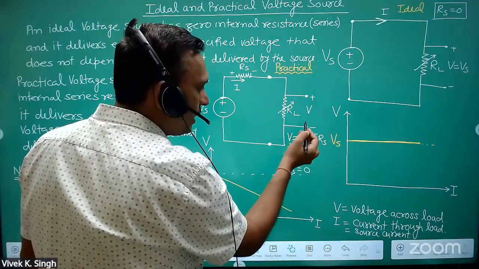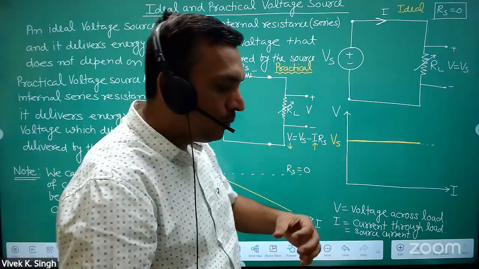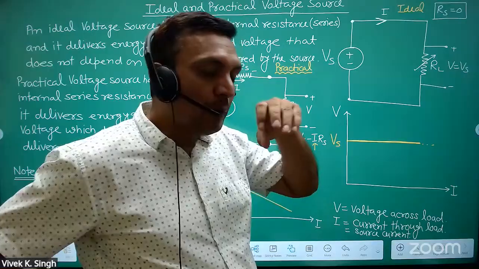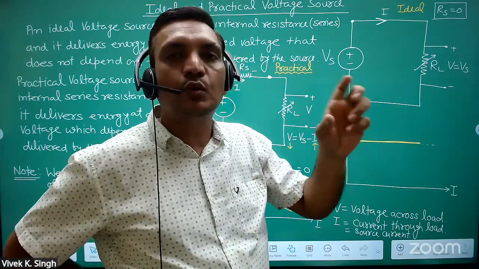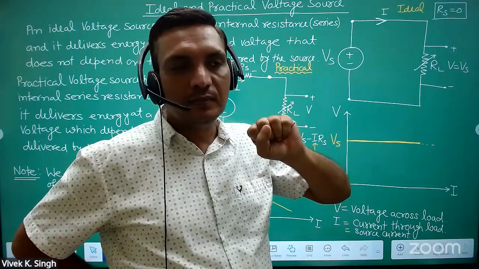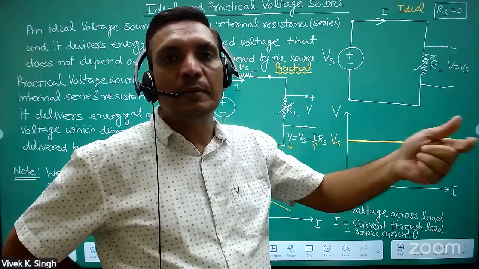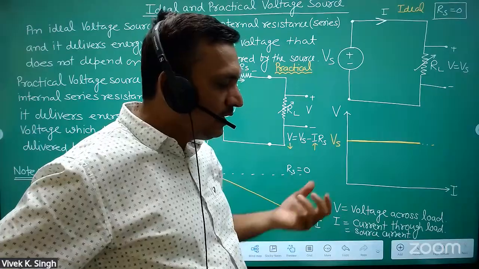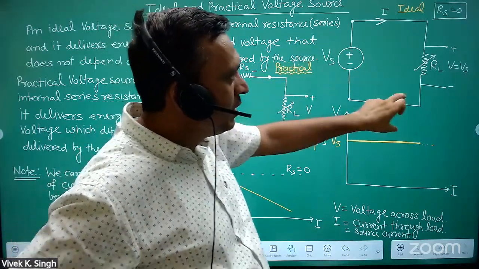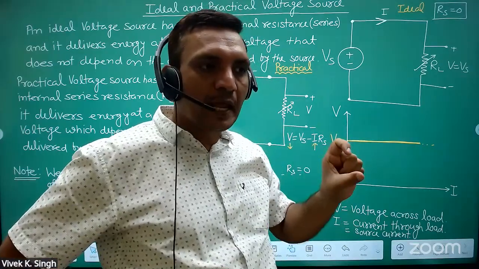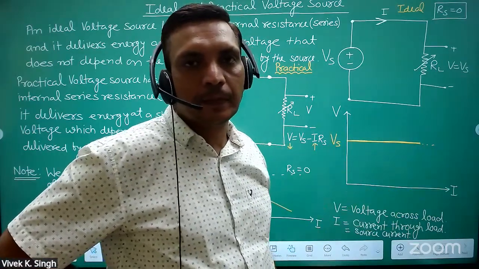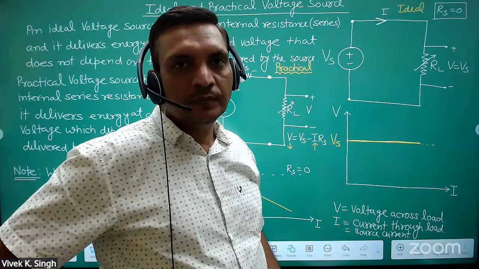So that's why the voltage across the load is changing. देखो, what is our purpose? Our purpose is you want to supply some voltage to some external load. कोई भी load को आपको voltage supply करना है. So the ideal thing is if you have applied Vs, we want this voltage to be Vs. यही तो हमारा purpose है ना? जो voltage apply कर रहे हो वही voltage मिले. Yes or no?